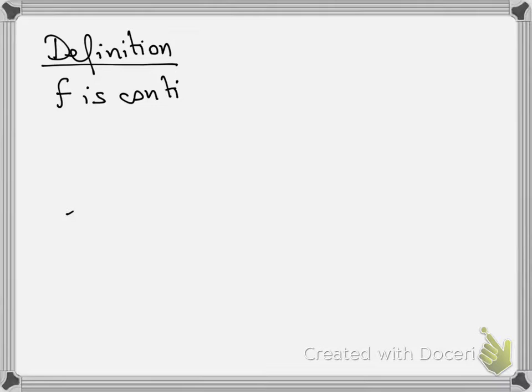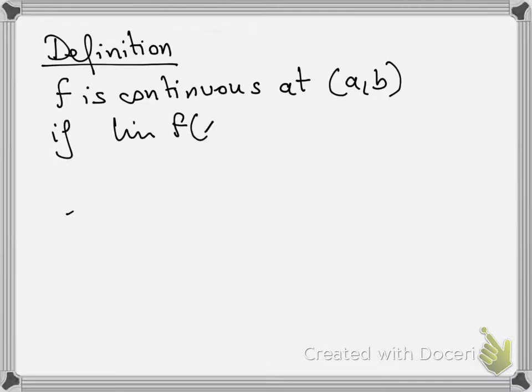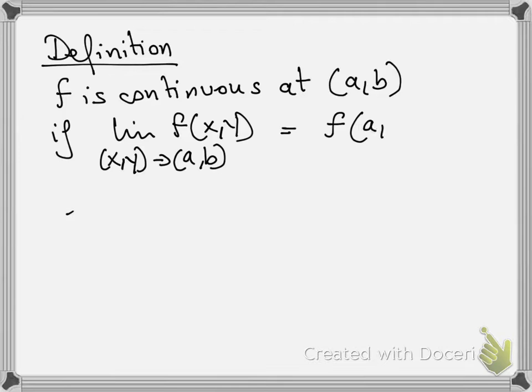Now we can define the continuity of a function. It's like for a function of a single variable. So a function f is continuous at the point (a, b) if the limit of f of (x, y) as (x, y) approaches (a, b) is equal to f of (a, b).